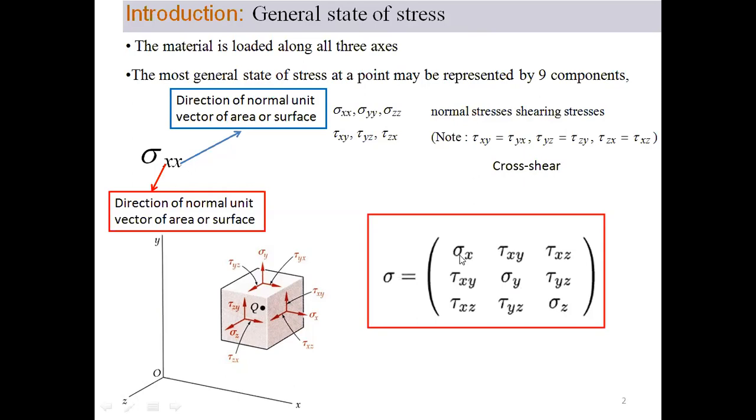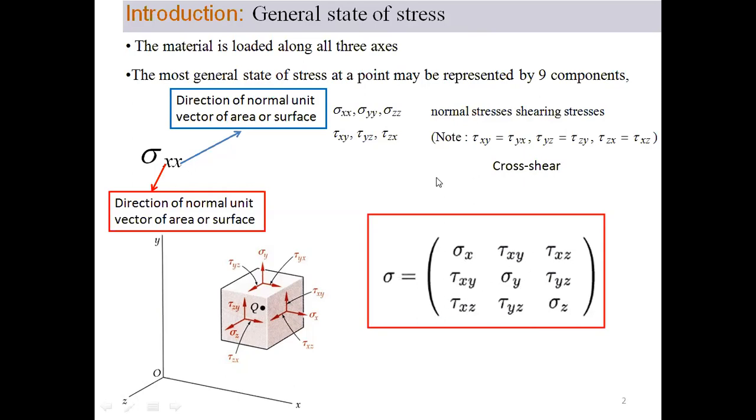So the components along the diagonal are normal stress components. However, the components off the diagonal, here there are 3 off-diagonal components, they are shear components, and these 3 off-diagonal components are also shear components. So we have 3 normal components and 6 shear components.